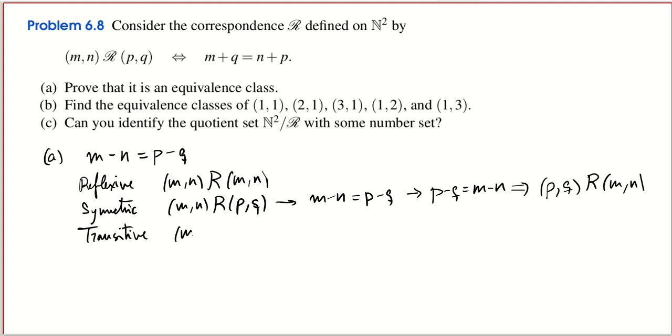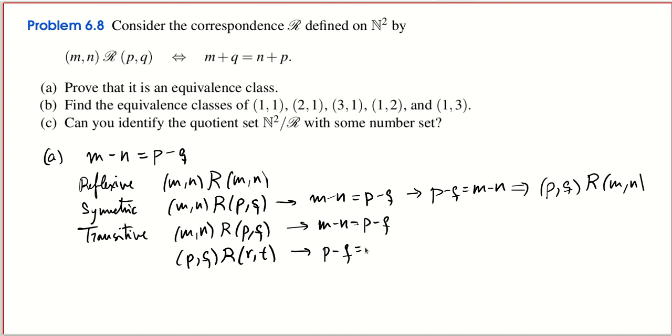because if (m, n) is related to (p, q) and (p, q) is related to (r, t), okay, this means m minus n is equal to p minus q. This means p minus q is equal to r minus t. So if these two sides are equal, then these two sides are equal.